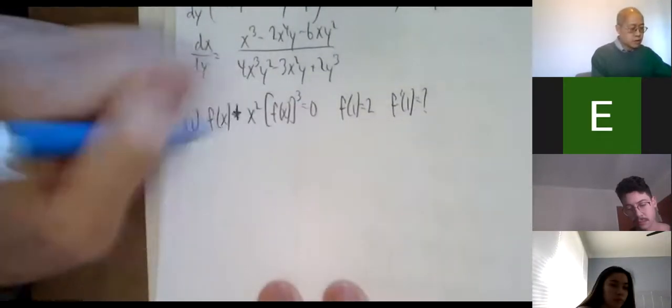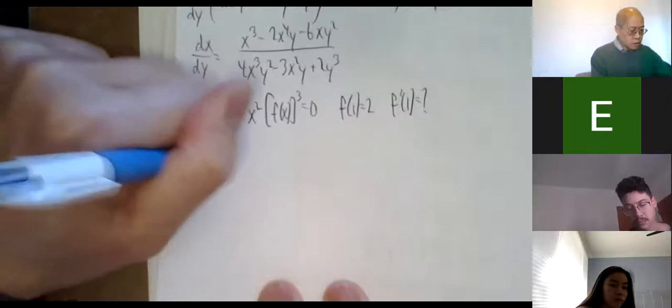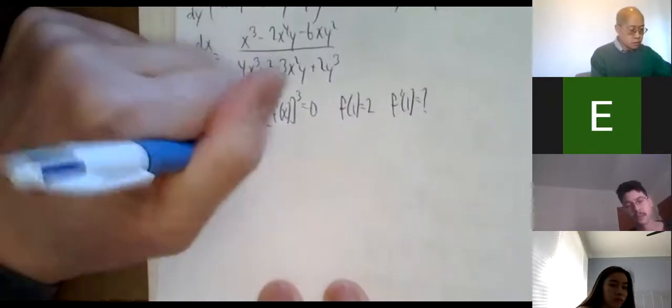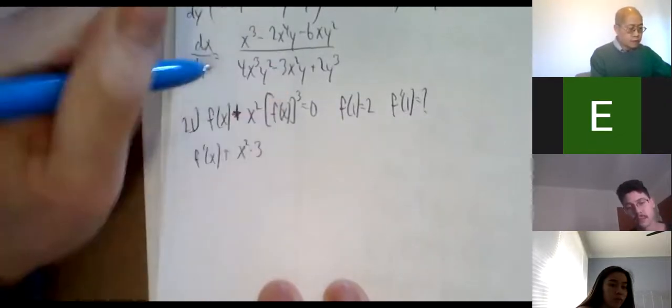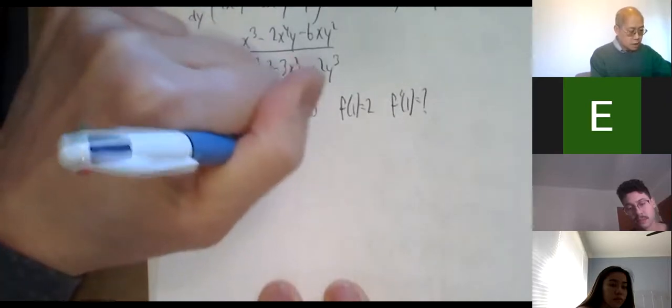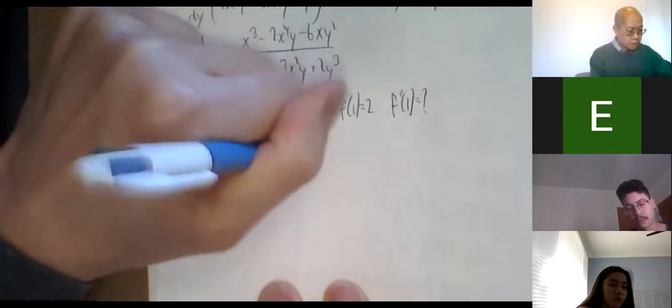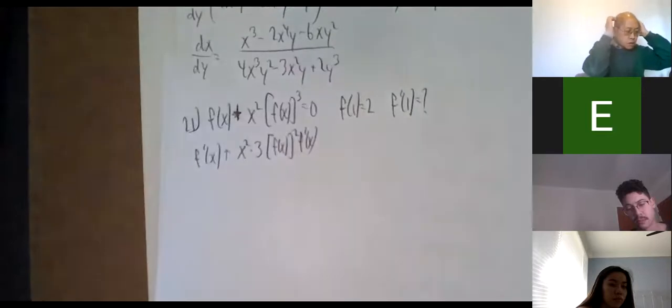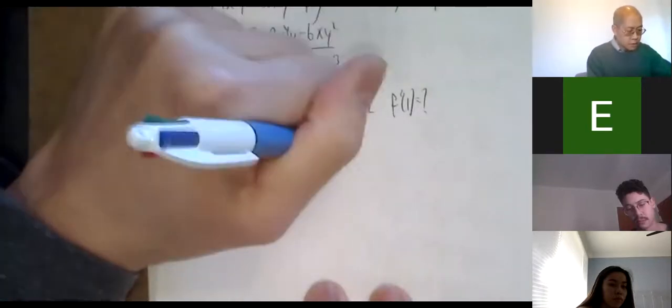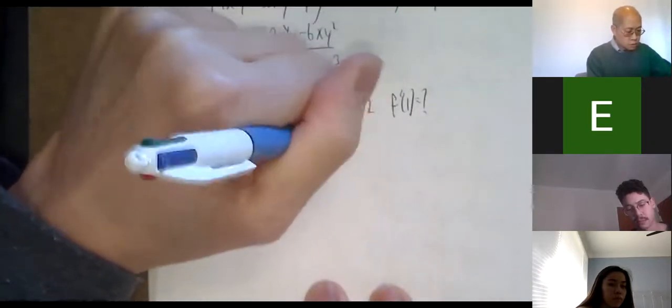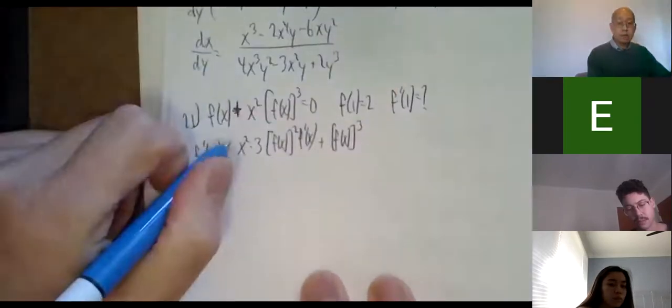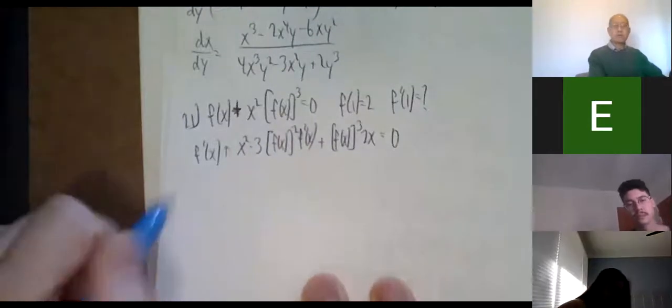Okay, so differentiate implicitly: f prime of x plus, this looks like a product rule, first times derivative of the second, 3 f of x squared times f prime of x, plus second times derivative of the first, equals the derivative of the right side, which is 0.